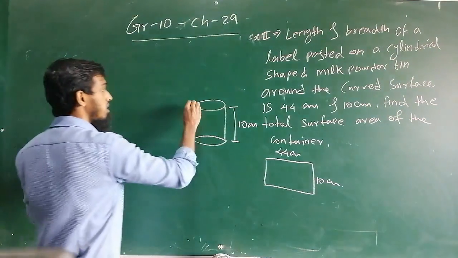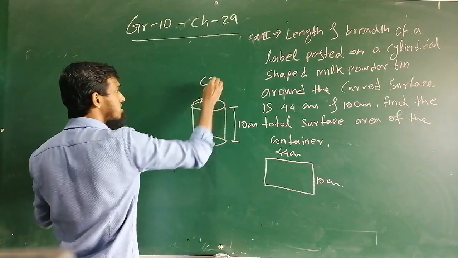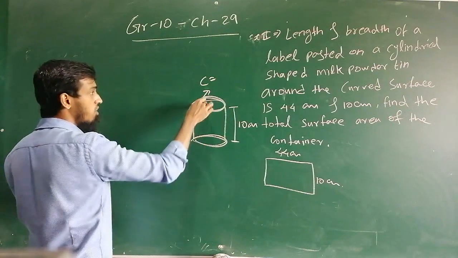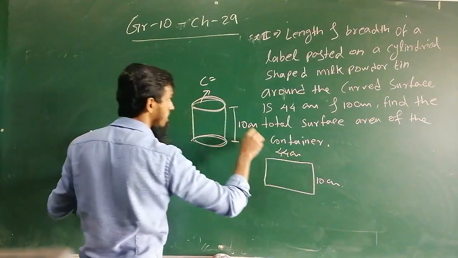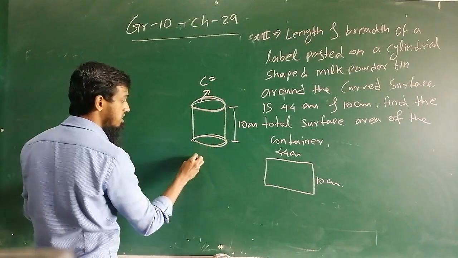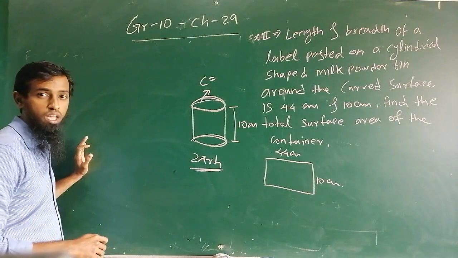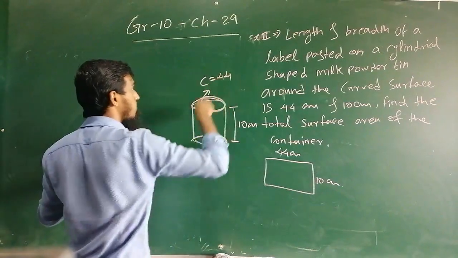The circumference of the top or bottom is the length of the rectangle. That is how we get 2 pi rh. Remember the 2 pi rh theory. So C is given as 44.